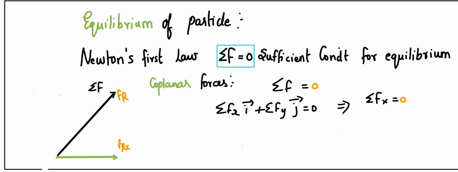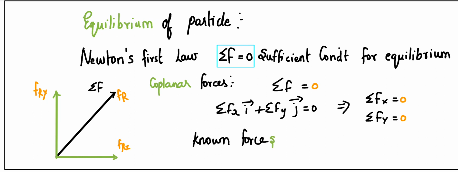So summation of Fx is equal to 0 says the resultant x component is 0, and summation of Fy is equal to 0 says the resultant y component is 0. That's the link between the previous video and the video you are going to look into. So the two concepts have a link.